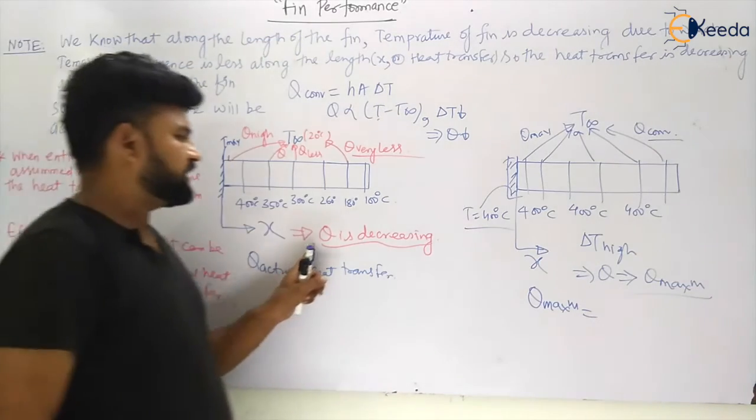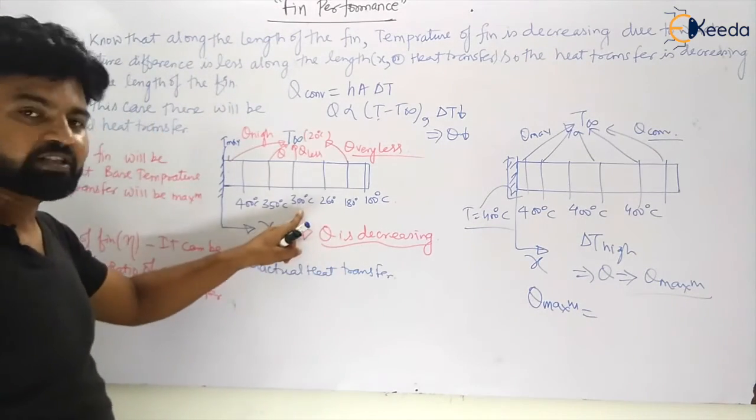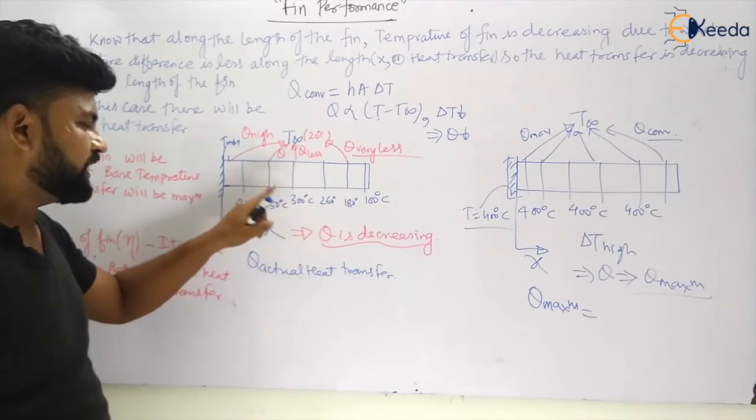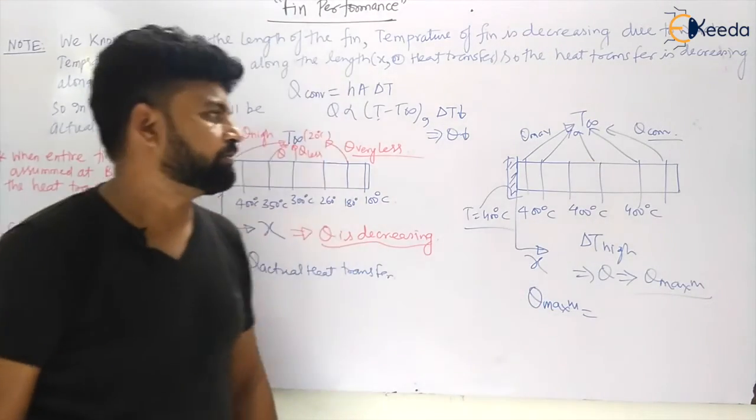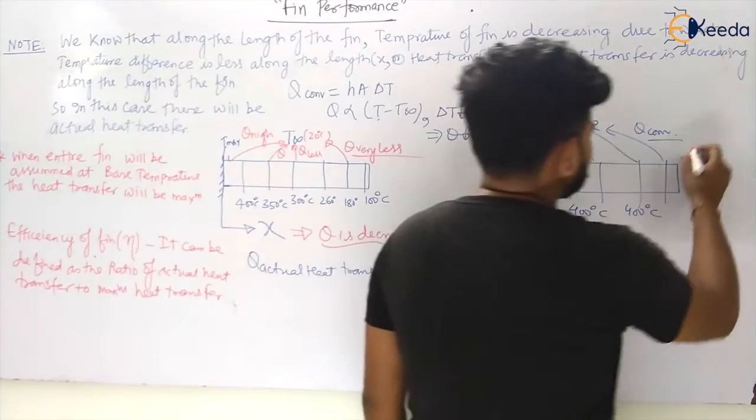So what is the actual heat transfer? Can we calculate the actual heat transfer in this case? Yes, we can. We can also calculate the maximum heat transfer. Let us say this is a cylindrical fin.